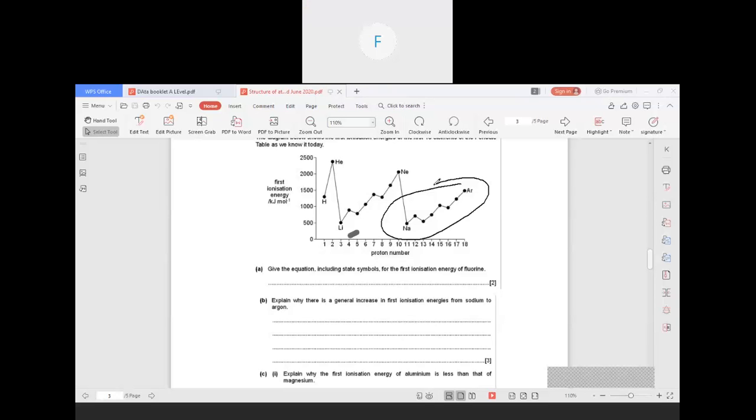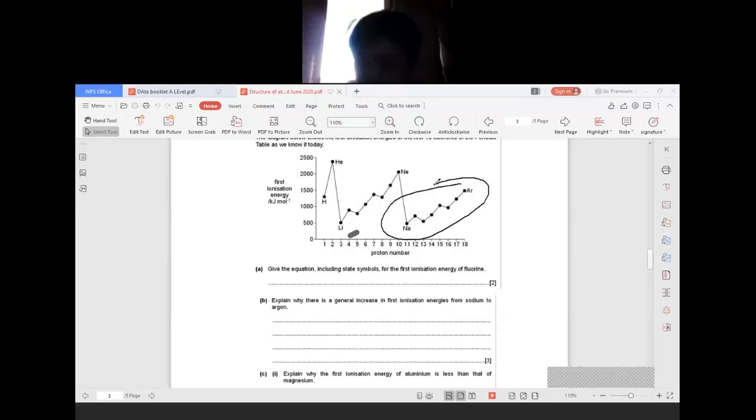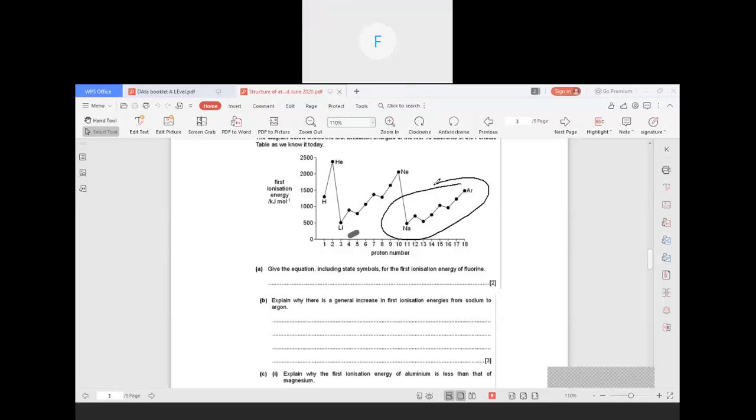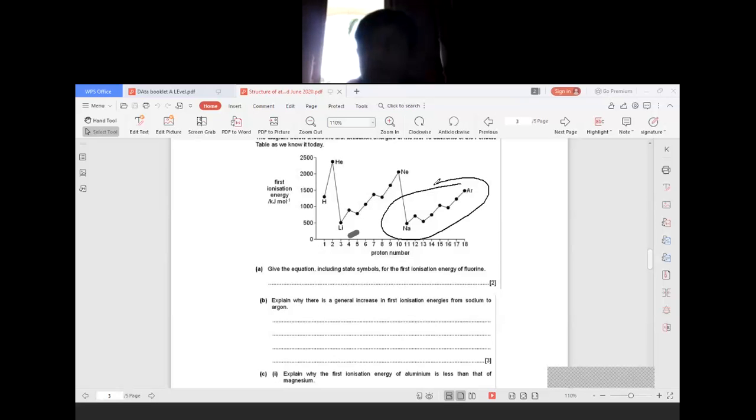Teacher, is nuclear charge different from electrical charge or the same? Electrical charge is positive and negative. Nuclear charge is the charge from the nucleus, only containing positive, it does not contain negative.